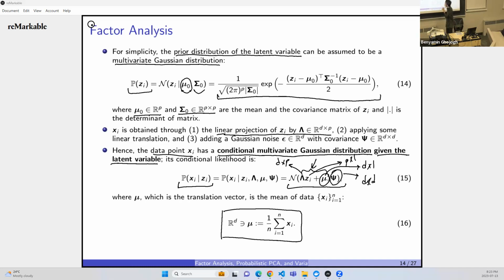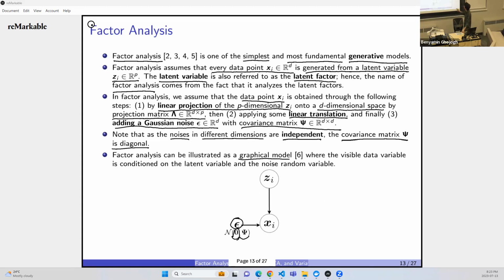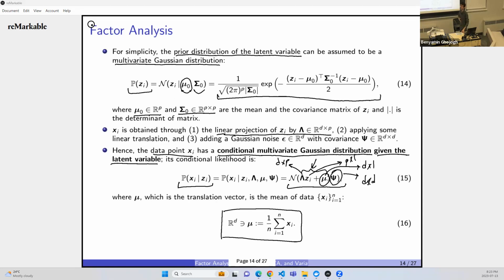We will see it in more detail. Why do I set the mean of noise to be 0? Because I don't want to change the mean of data. If you have non-zero mean of noise, you will change the mean of the data.